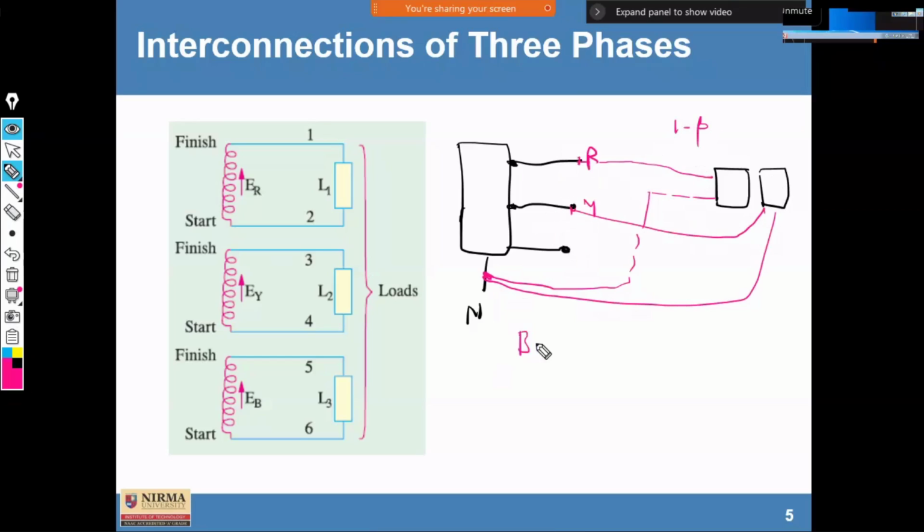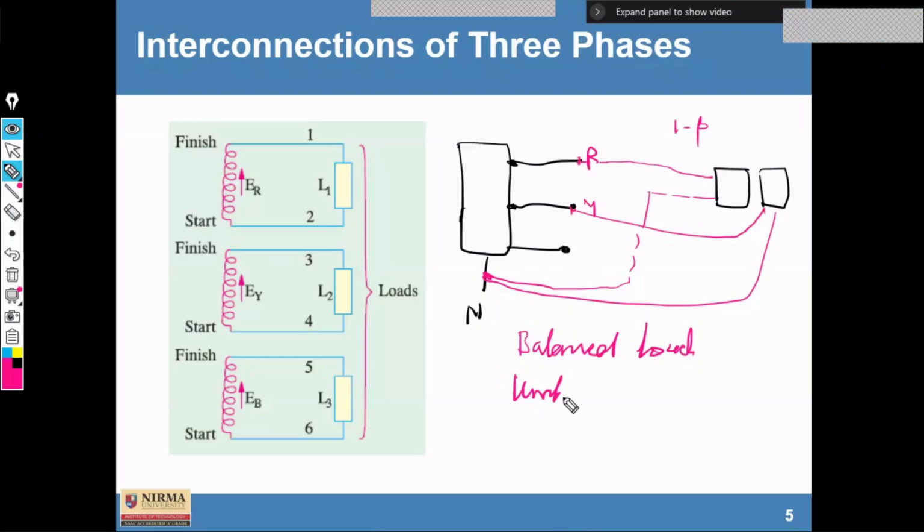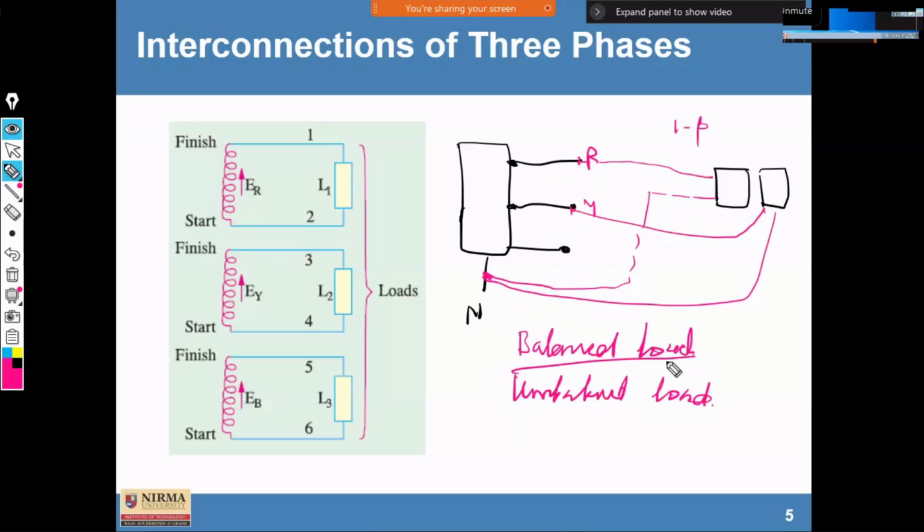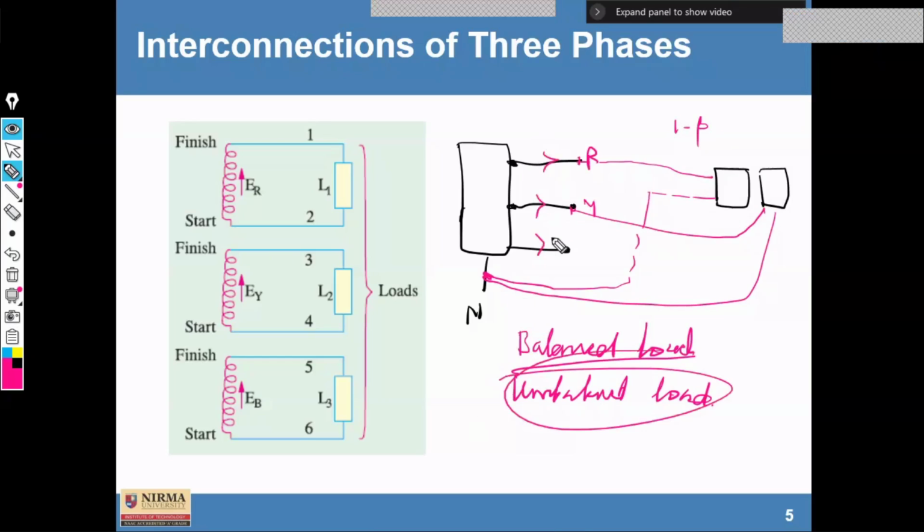So, balanced load and unbalanced load. In a balanced load, the amount of current flowing through these three different phases is almost similar, and in an unbalanced condition the amount of current flowing through these three different phases is different.